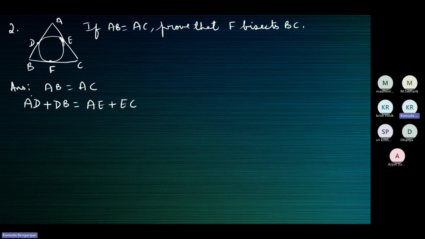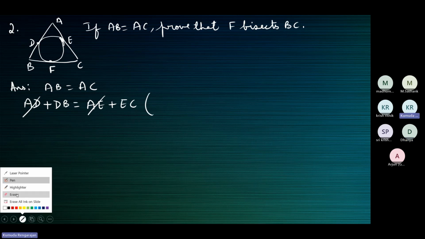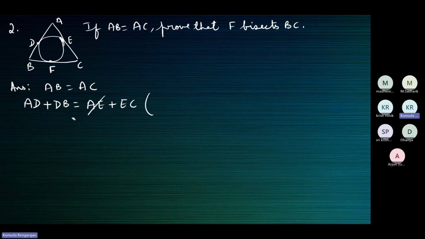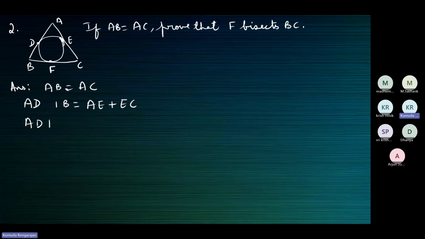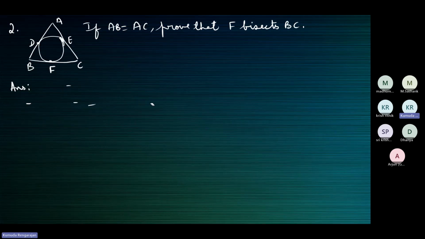Now on either side, AD and AE will get cancelled, correct? Why? Tangents from the same external point. Correct. Or instead of cancelling, you can also replace it in the next step. One minute, children. Let's write all those results so that it's easy to give the reason.